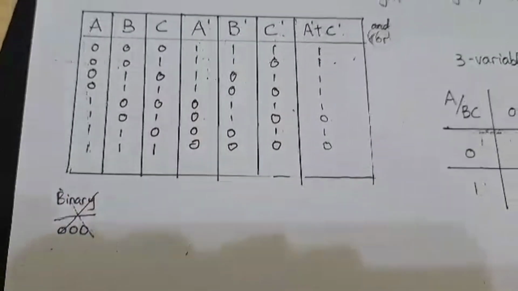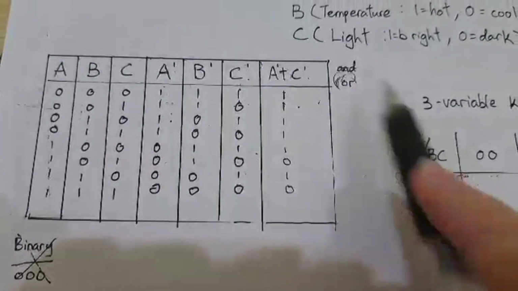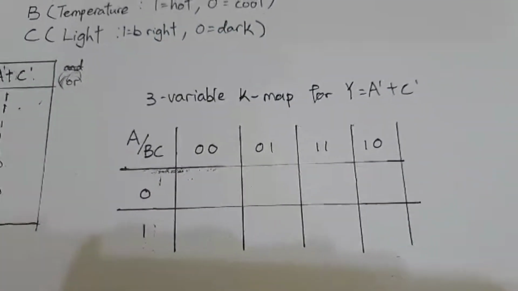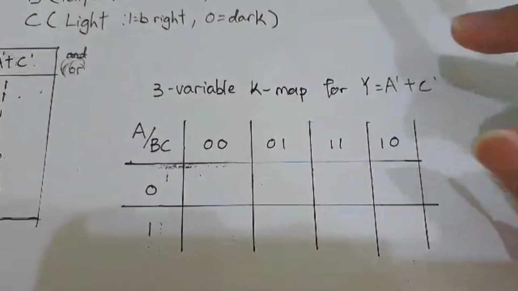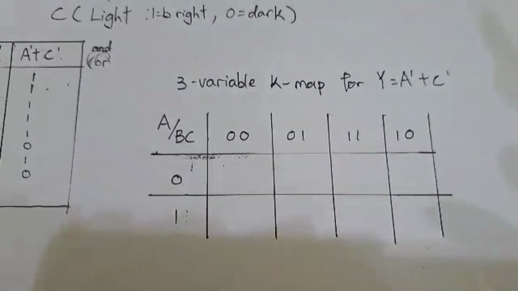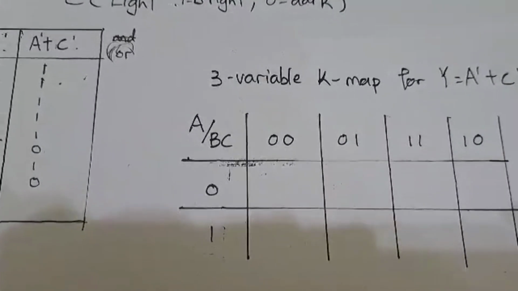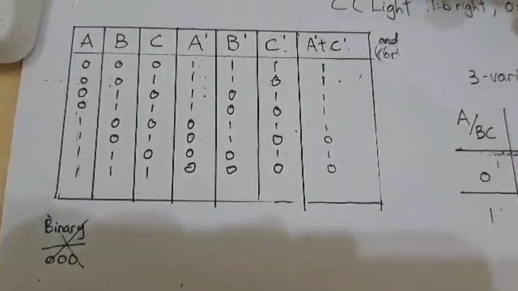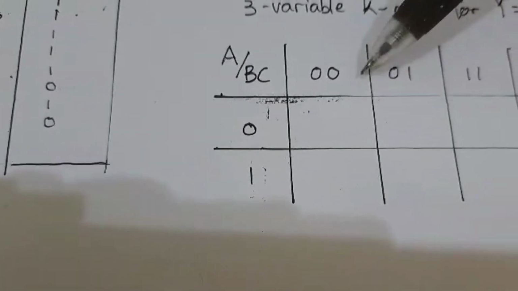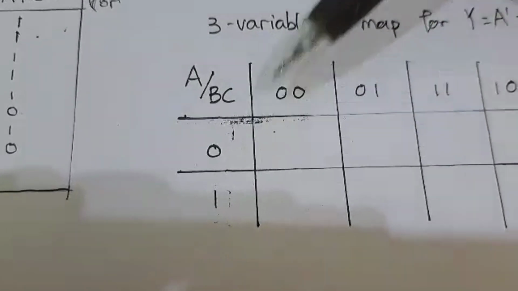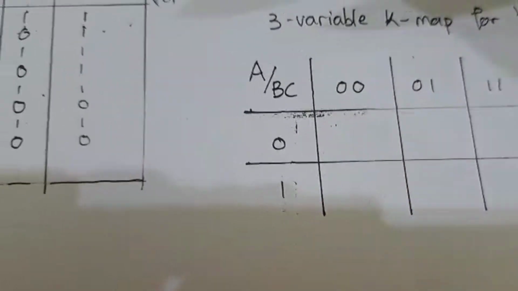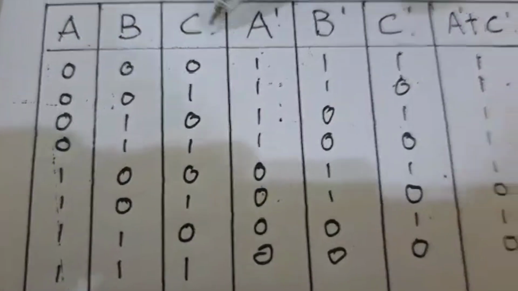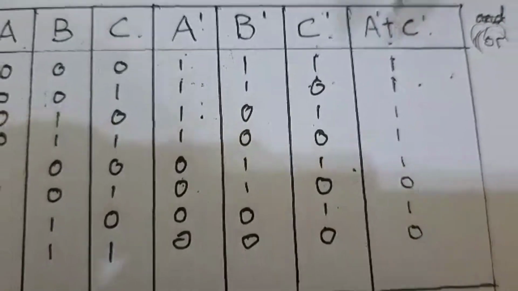Okay, so this is how the table looks like, and we're going to fill up this Karnaugh map for y equals a prime plus c prime. How are we going to fill this out? We need to follow the true false statement here. We can see here 0 0 0 is true, so we write down 1.